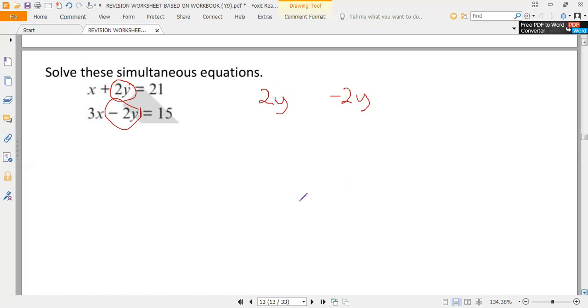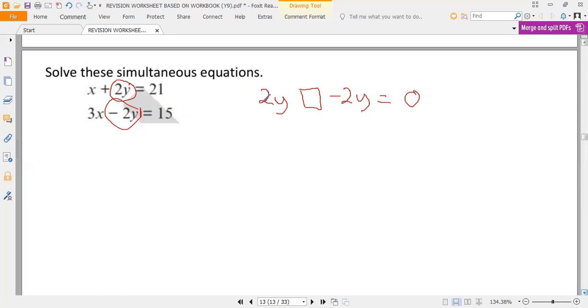Write both like this, and then you decide. If you put a plus, will it become a 0? If you put a minus, will it become a 0? So decide this way. The positive and negative symbol is very important. Please do not simply put a minus just because you feel 2y minus 2y will become a 0. Always consider the sign in front of the term.